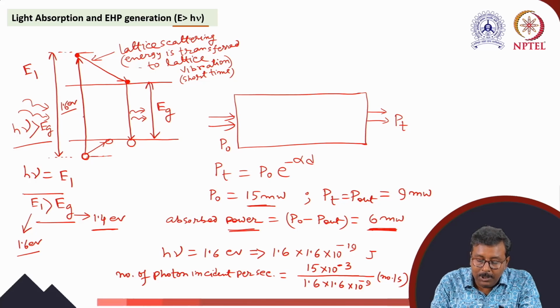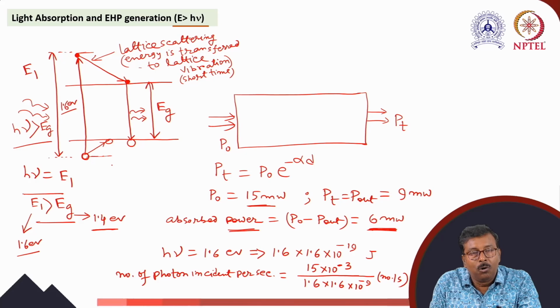But in this way, we would like to mention that if h nu is greater than the band gap, some energy will be lost. So generally, in case of a solar cell, high energy means very low wavelength, that is the blue region.